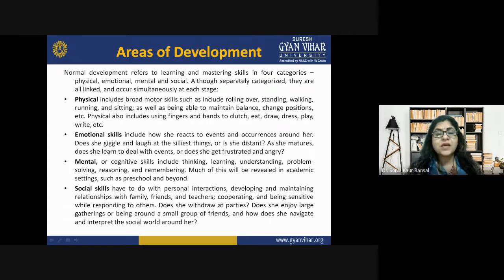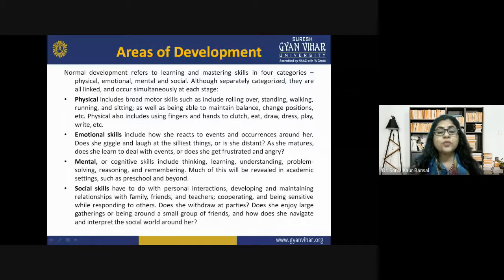Clear, students? Now let's understand next, social skills. Social skills are related to society. Socially, we have to be very tuned up, or well versed with our society members also.